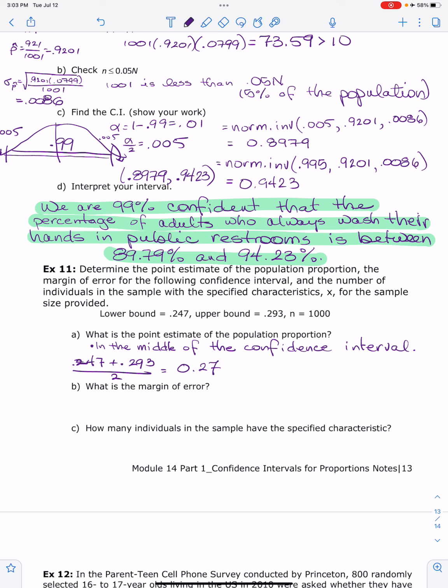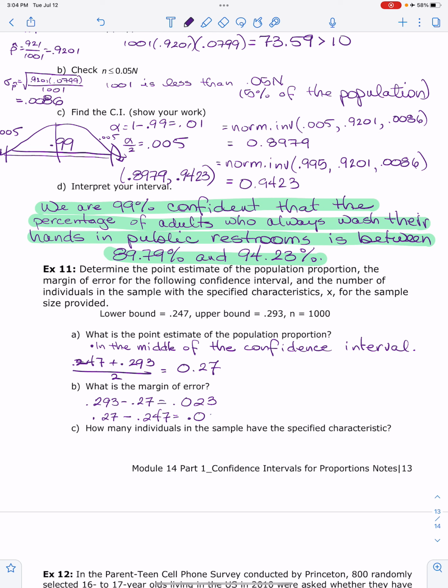My point estimate is 0.27. Notice I don't have anything in here to interpret. That is the proportion in my sample of size 1000. The margin of error, again, we can find by taking the upper bound and subtracting that point estimate. We can take the point estimate and subtract the lower bound.